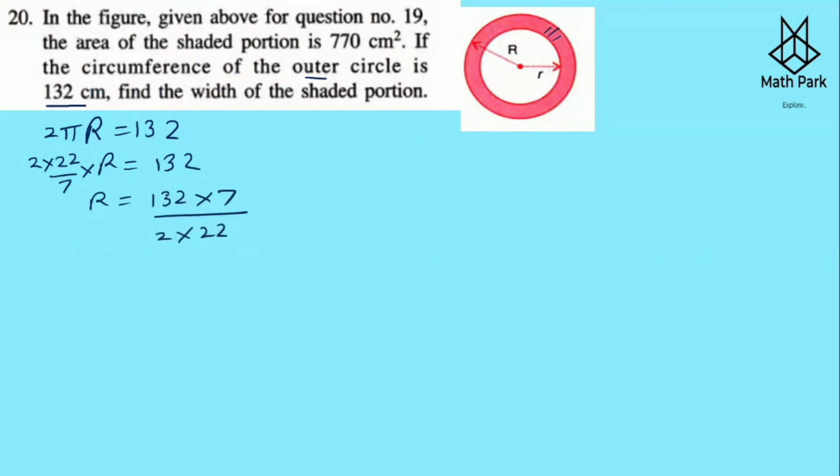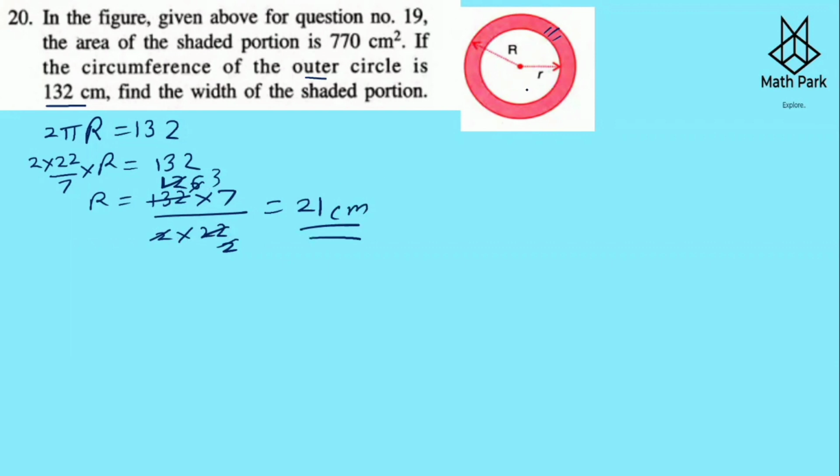Dividing by 11 and simplifying, 3 times 7 is 21 centimeter is the radius of the outer circle.